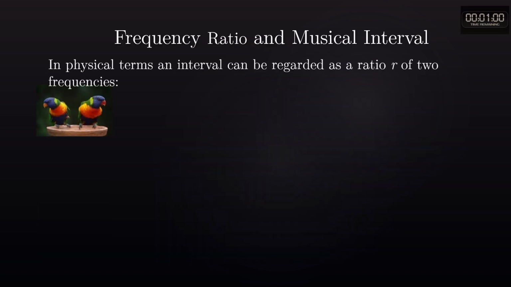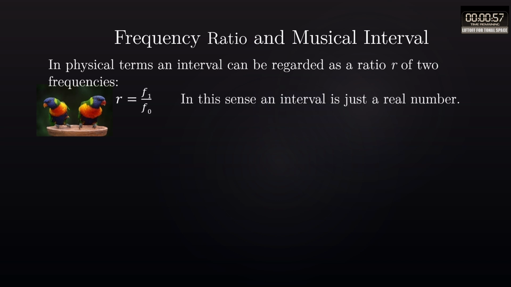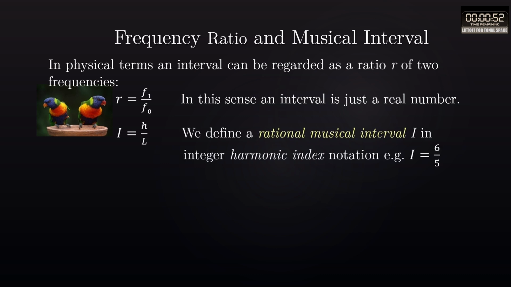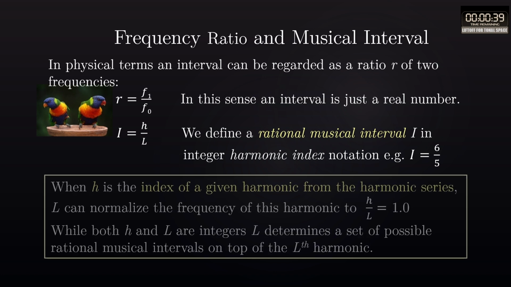In physical terms, an interval can be regarded as a ratio of two frequencies. In this sense, a musical interval is represented by a real number. A rational musical interval I is defined by a ratio of two integers, which we can interpret as indices of harmonics taken from the harmonic series.